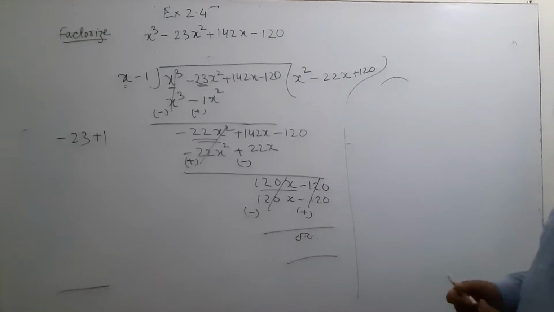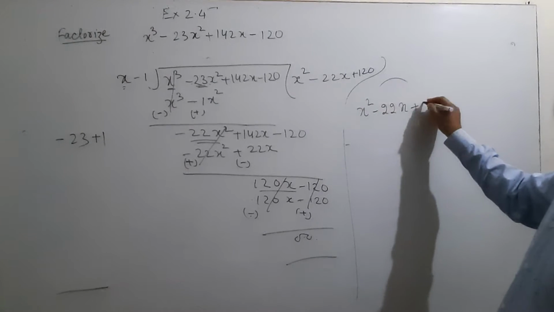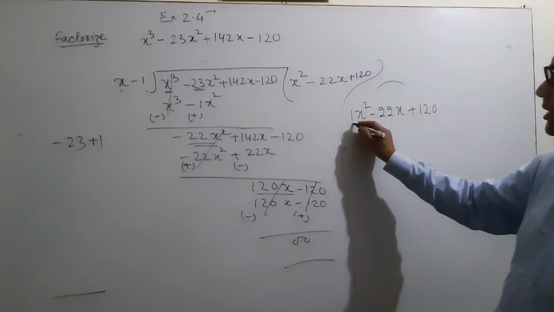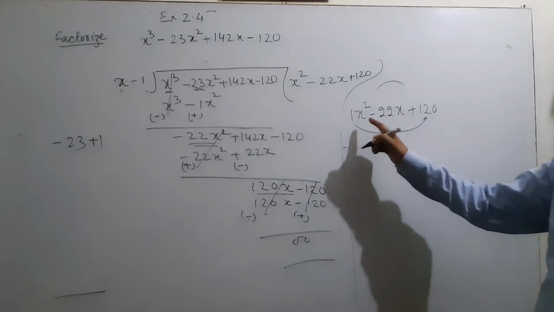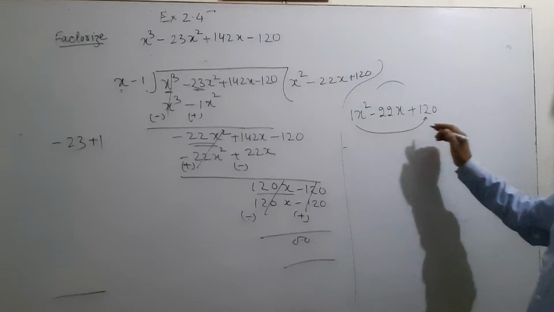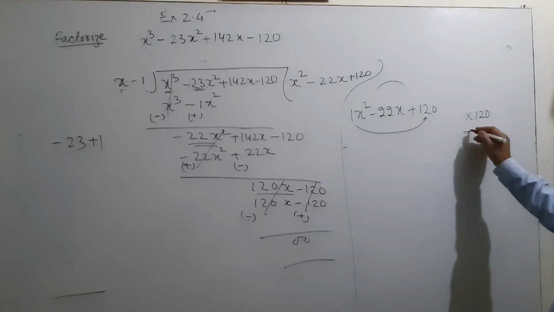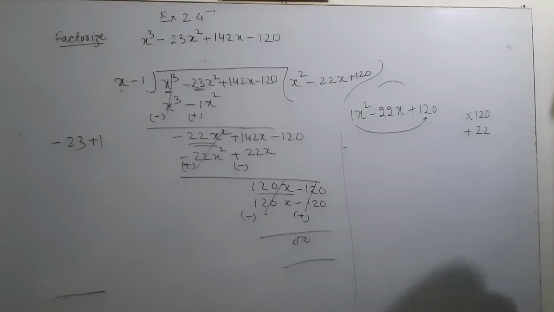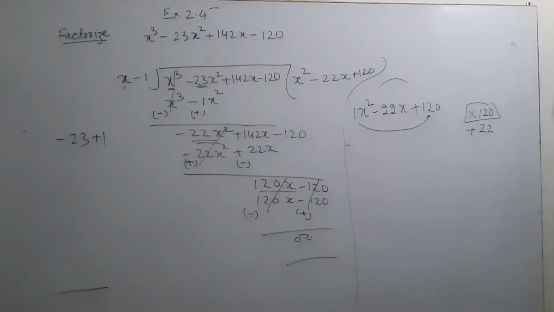And now x square minus 22x plus 120. We know the first coefficient of x square, a, is multiplied by the constant term 120. 120 multiplied by 1 will be 120. Here is your sign plus, and here is 22. Then we have to make the factors of 120.